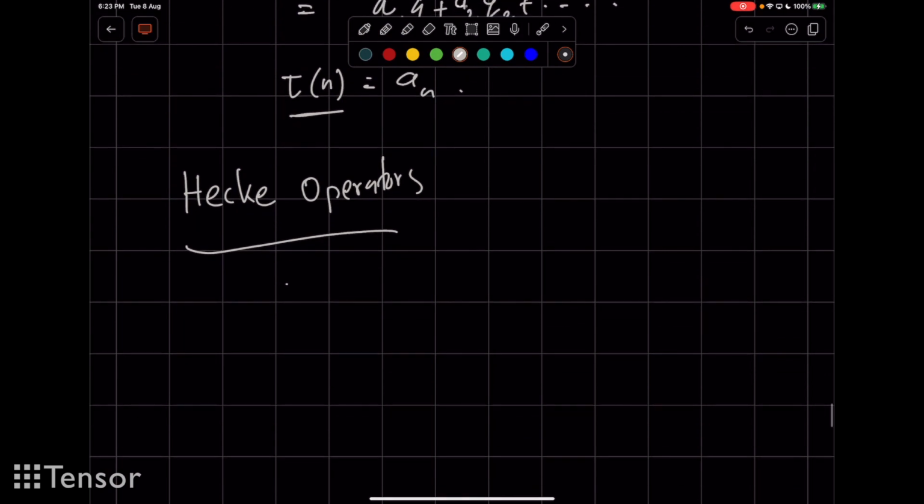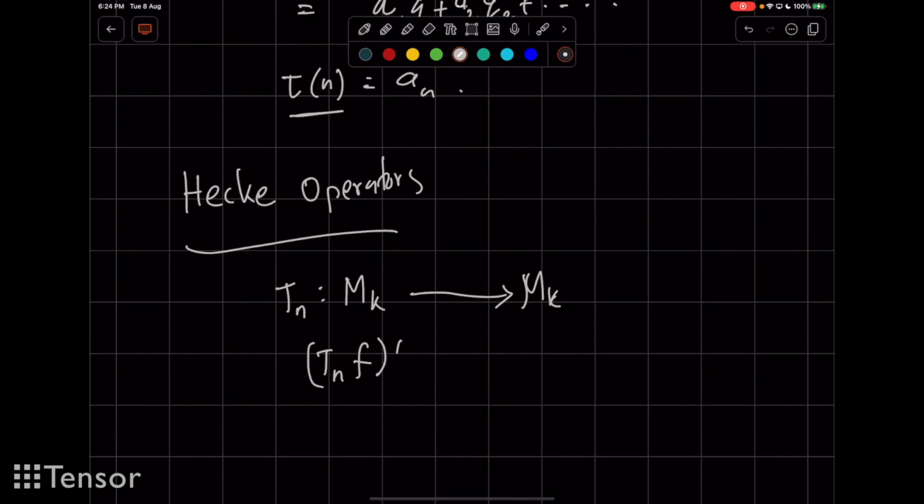Okay, so it's actually a family of operators, and it's a linear map from M_k to M_k. Let's say f is a modular form of weight k, then T_n f is also supposed to be another modular form of weight k, right? So it's a complex holomorphic function.